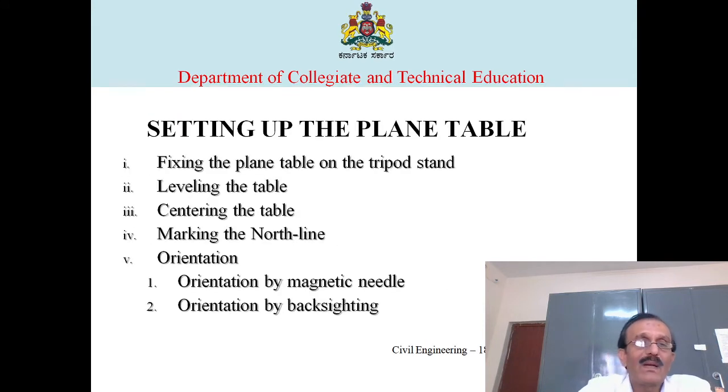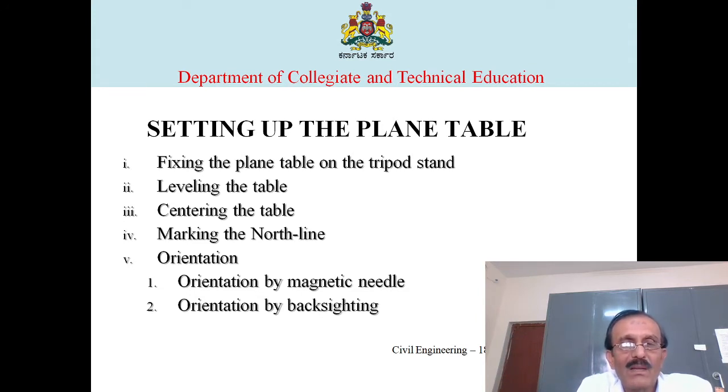Setting up of the plane table. Before taking any observation, you need to set up the plane table. Fixing the plane table on the tripod stand. Once the plane table is fixed on the tripod, the tripod's legs are spread for stability, and after that the plane table will be leveled because we will be taking all the observations in the horizontal plane.